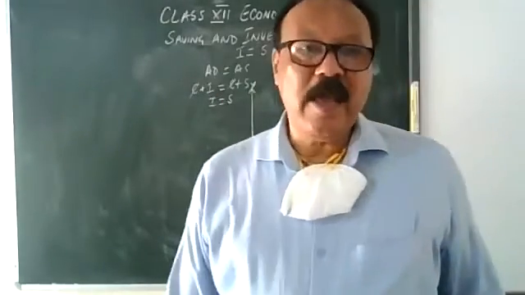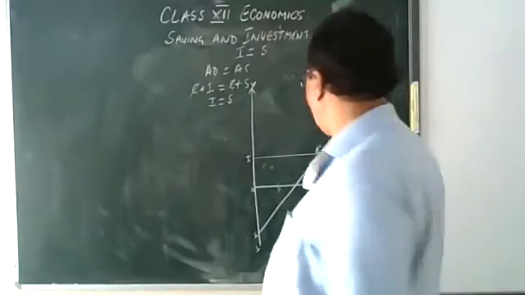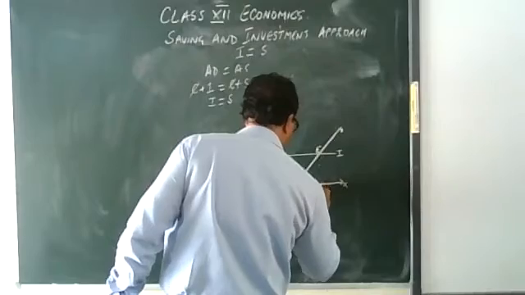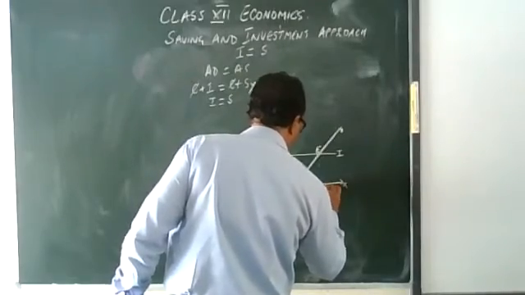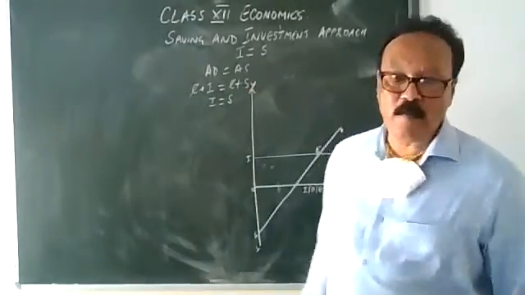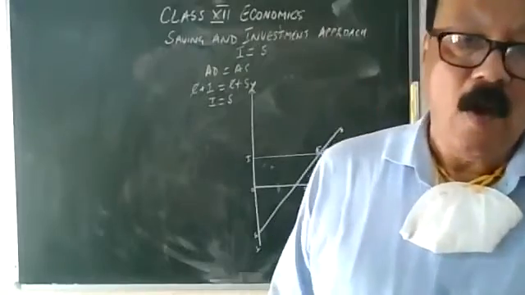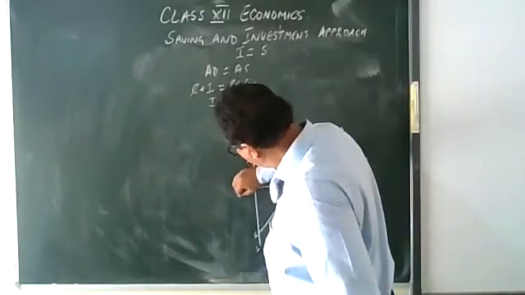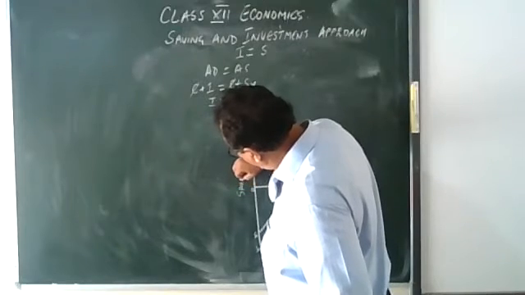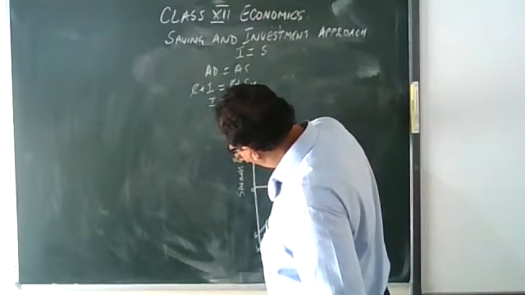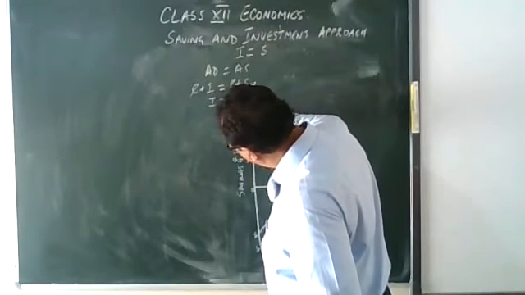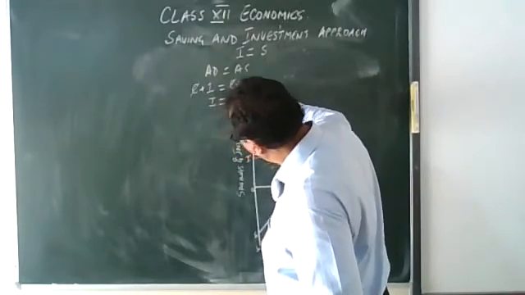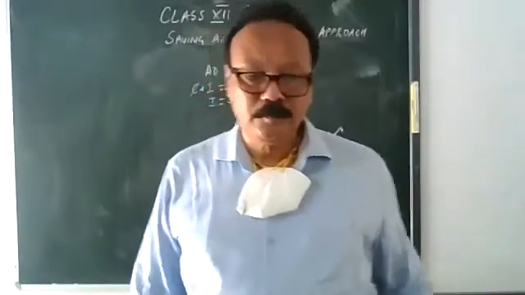On the x-axis, what do we have? Income, output, and employment. I'm writing it in short form IOE. On the y-axis, we have savings and investments.